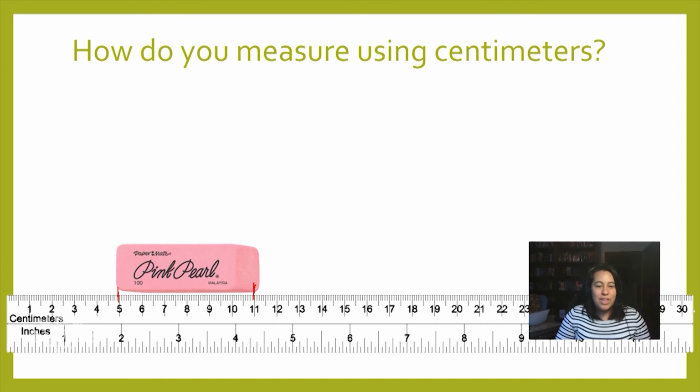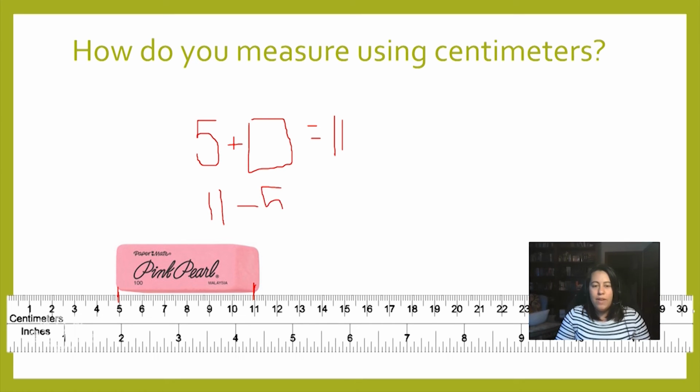So if I look at the eraser, I think, what is the difference between 5 and 11? What does 5 need to make 11? If you take 5 out of 11, what would be left? These are all ways to think about the difference between those two numbers.